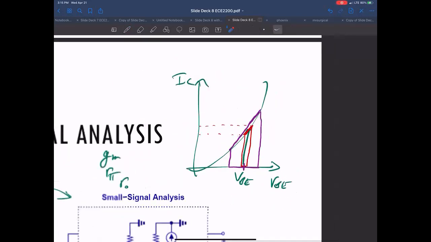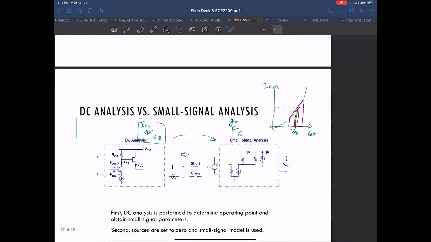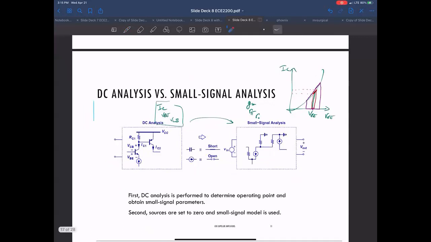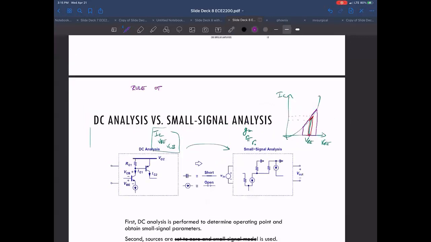Well, a rule of thumb is that the input doesn't change the bias parameters, for example, in this case IC, by more than, say, 10%.